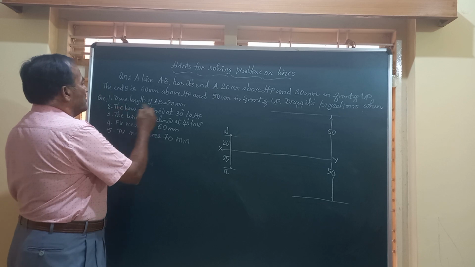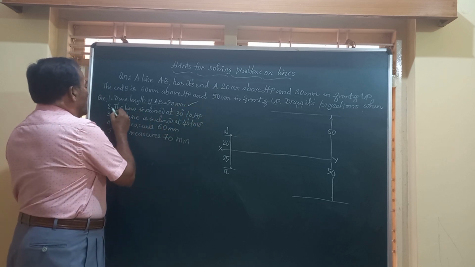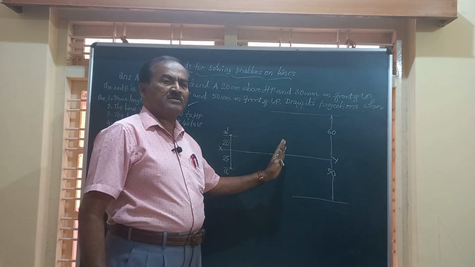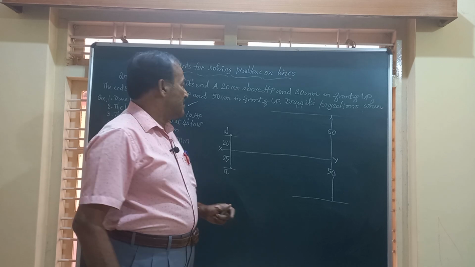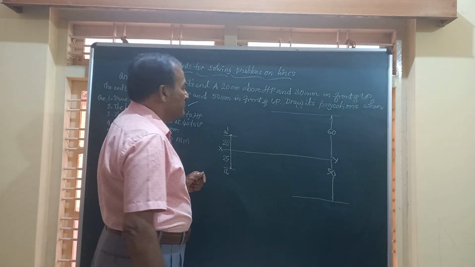So friends, we have solved this problem. Next, the line is inclined at 30 degrees to HP. So apart from this common data, they say that the line is inclined at 30 degrees to HP.